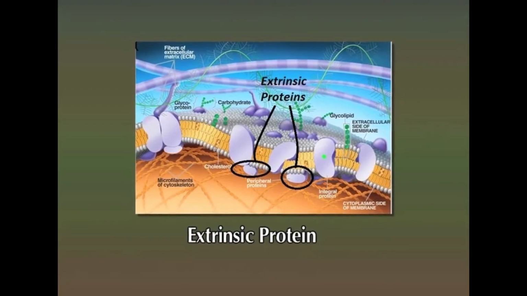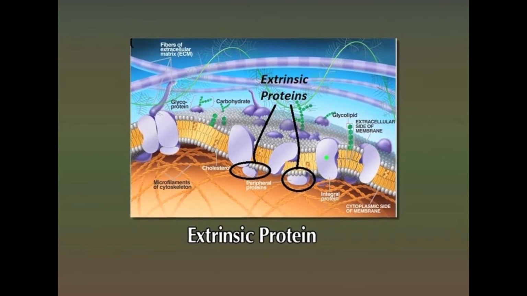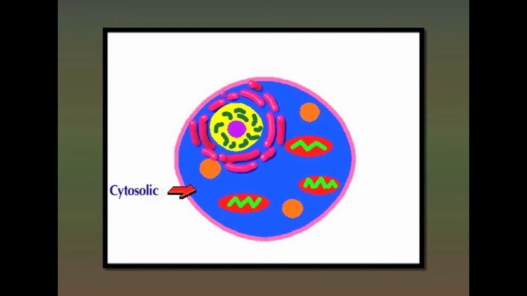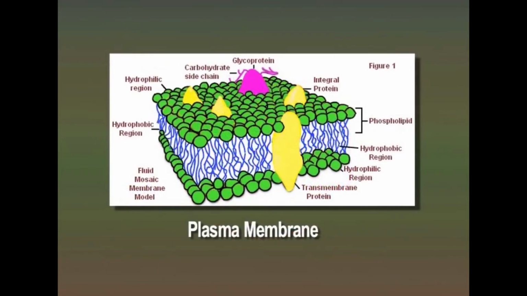In contrast, peripheral membrane proteins, also called extrinsic proteins, are only loosely associated with the membrane either through interactions with the polar head groups of the lipids or through interactions with the integral membrane proteins. Peripheral membrane proteins are most often, if not exclusively, found on the cytosolic phase of the plasma membrane or the luminal surface of the subcellular organelle membranes.